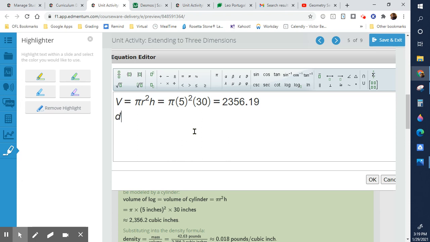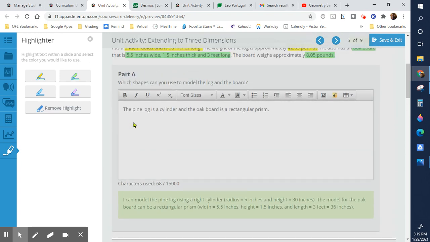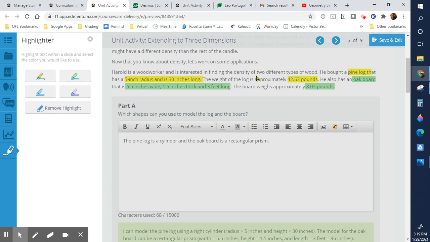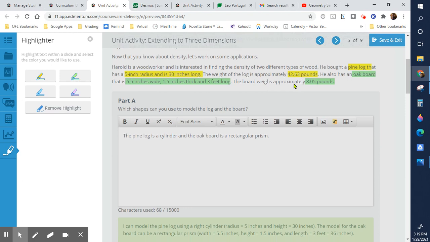Now I need to do my formula for density. So density equals, I'm going to put the little thing here, mass divided by volume. And this is going to be our mass. So our mass is 42.63.